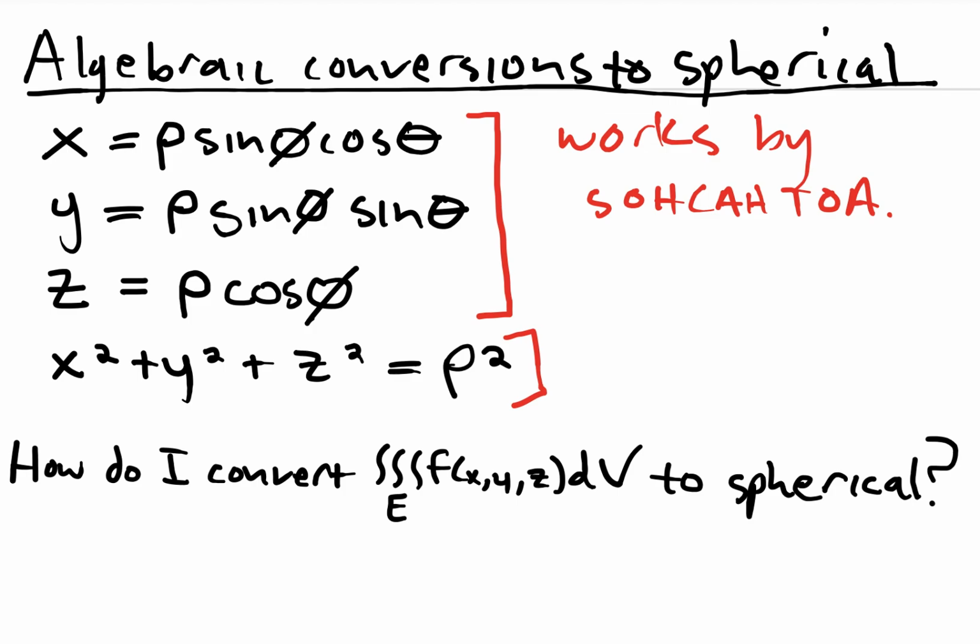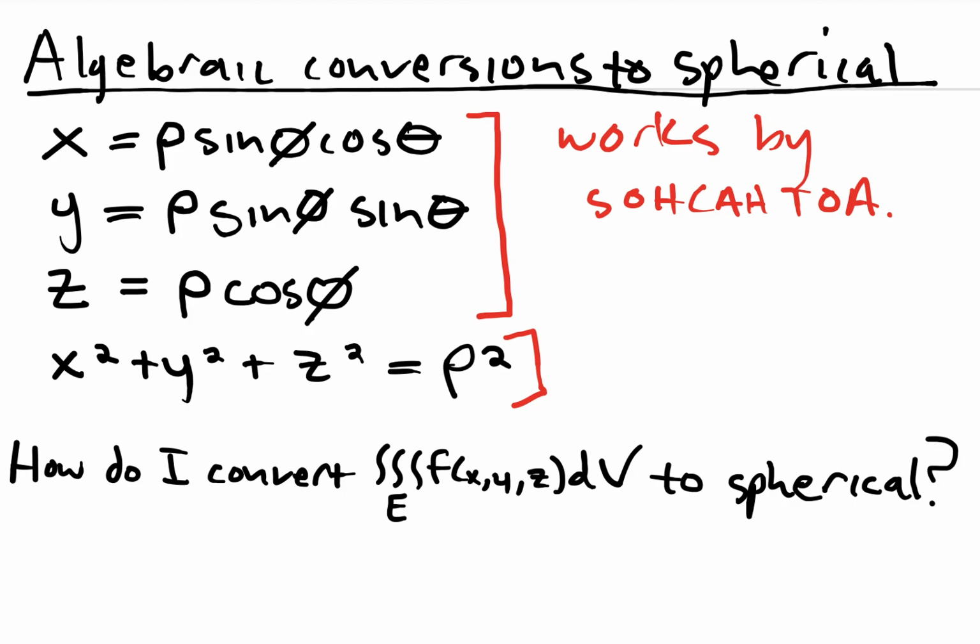This last equation here is kind of a shortcut. Very similar to cylindrical, we do get a shortcut. In cylindrical coordinates, we got that x squared plus y squared we could rewrite as r squared, and we also got that for polar coordinates too. Here, we're not really measuring an r distance anywhere though. Spherical coordinates don't have an r, they have a rho.